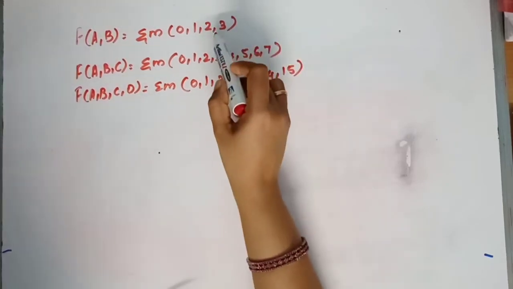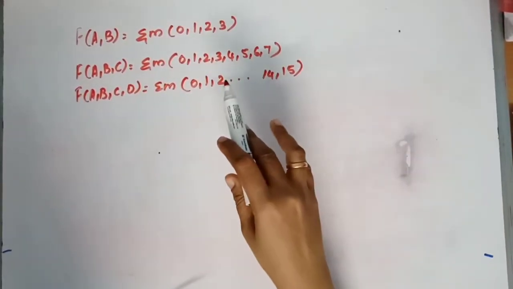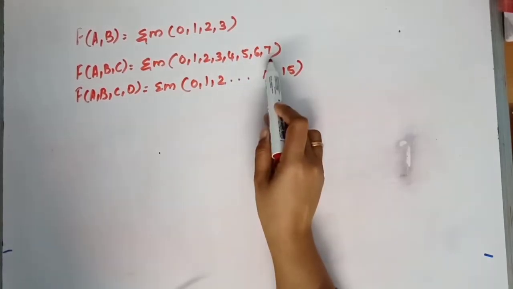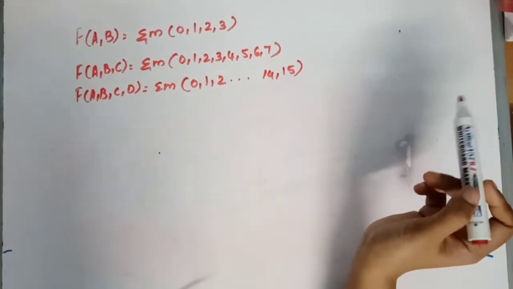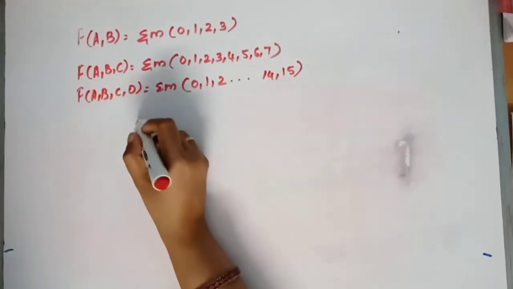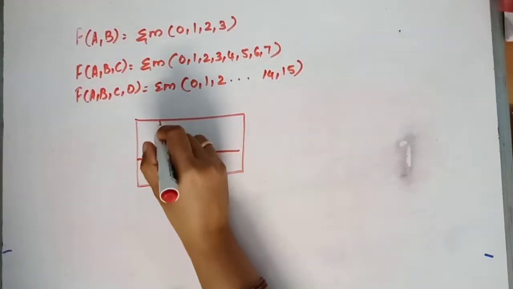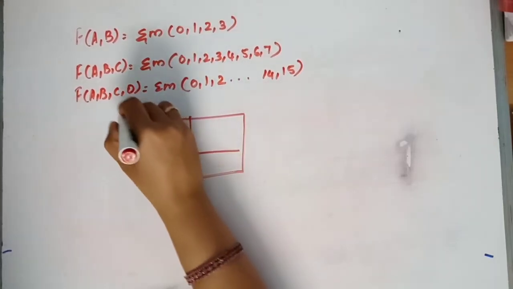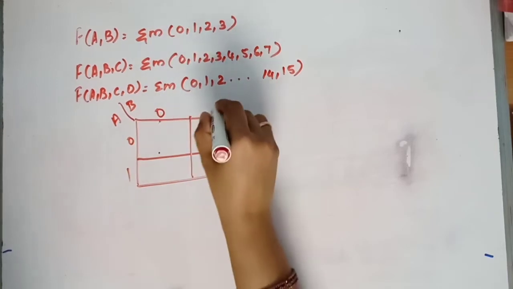In the first case, it's a two variable Kmap. In that, all the 4 cells are 1. Here, all the 8 cells are 1. Here, all the 16 cells are 1. So if I take the first case, for example, A B, 0, 1, 0, 1.